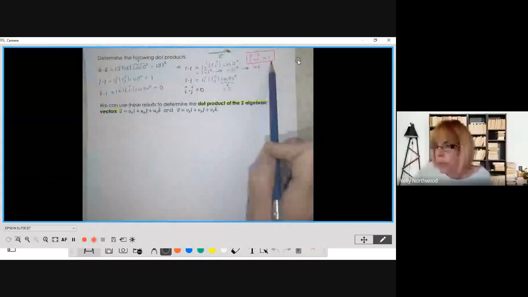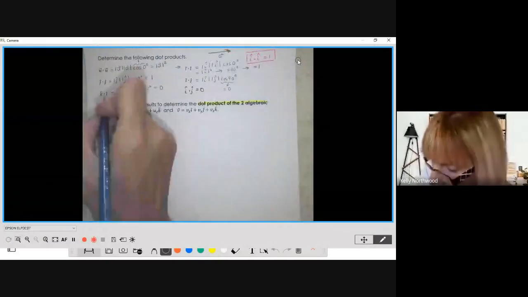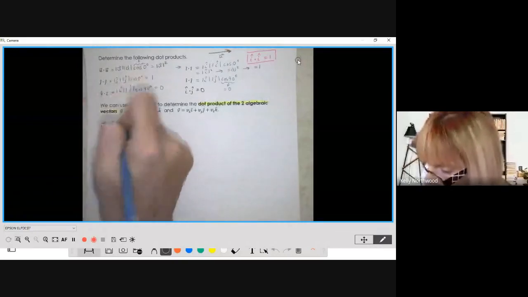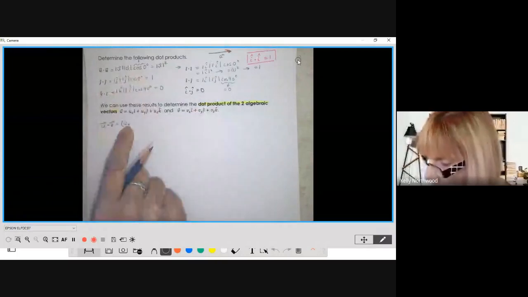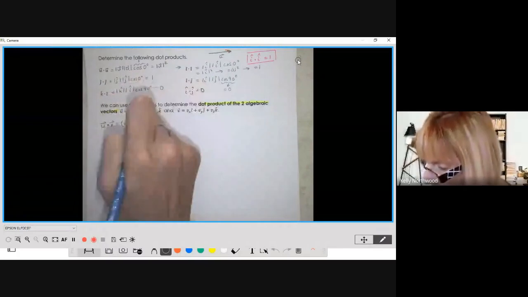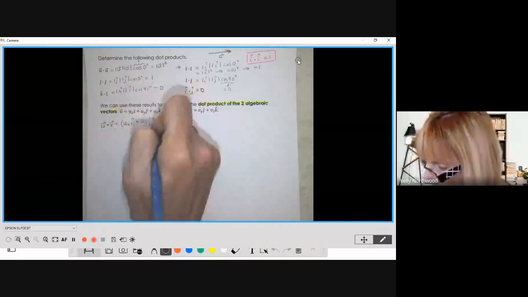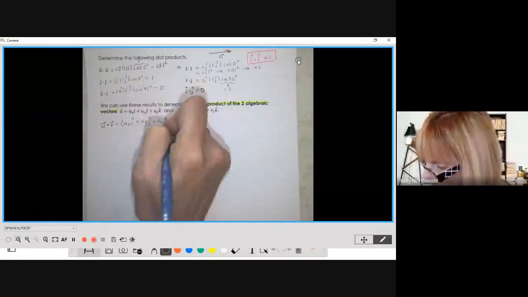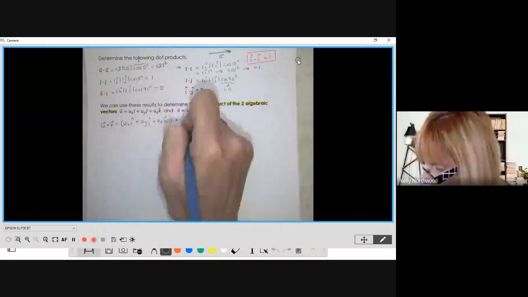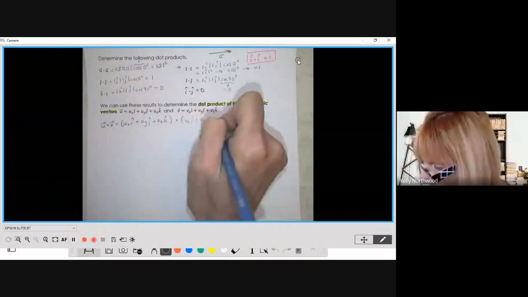So I'm going to start off by saying u dot v is going to be vector u, which is ux, that's just the coefficient of i hat here, plus uy, the coefficient of j hat, plus uz, the coefficient of k hat, dotted with vx i hat plus vy j hat plus vz k hat.